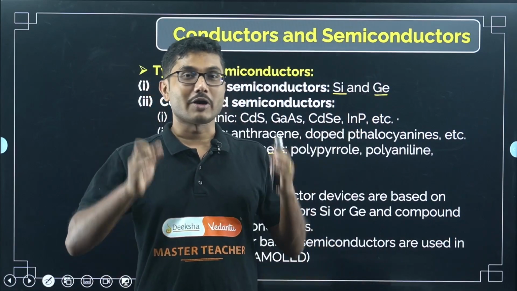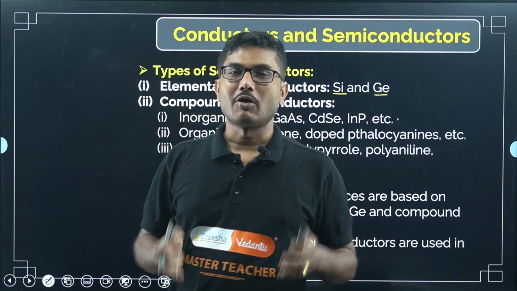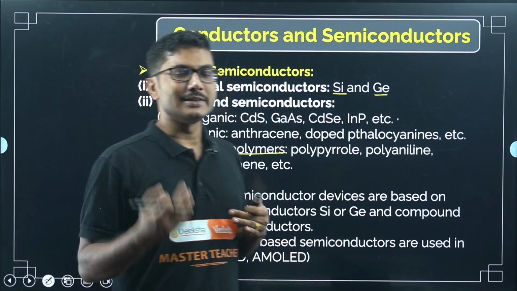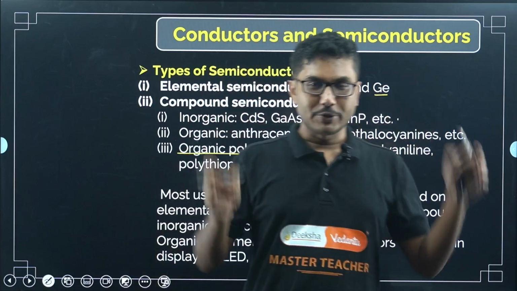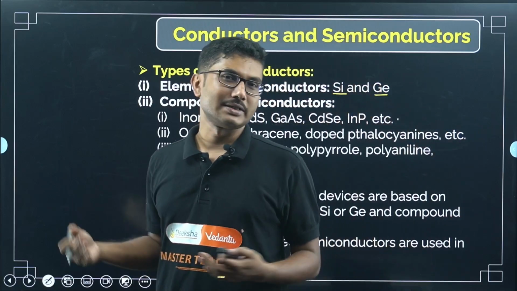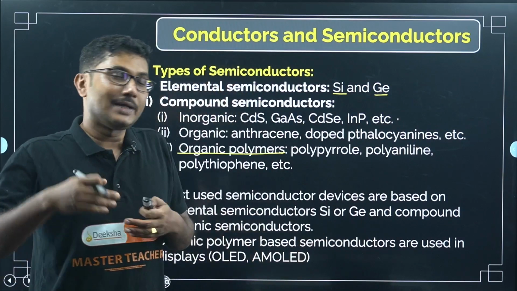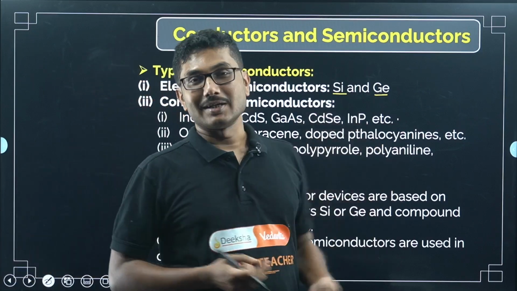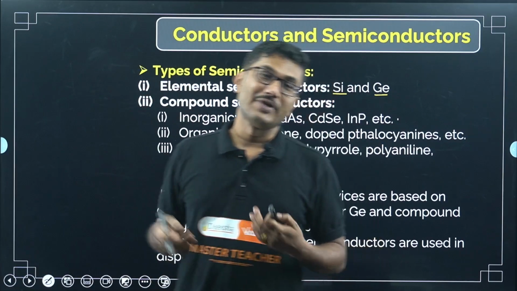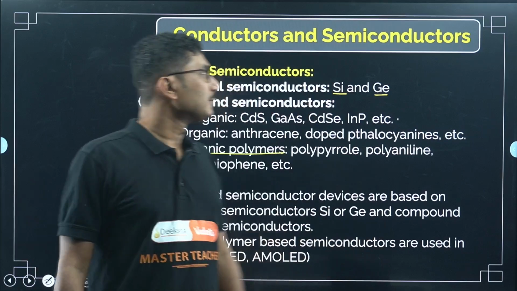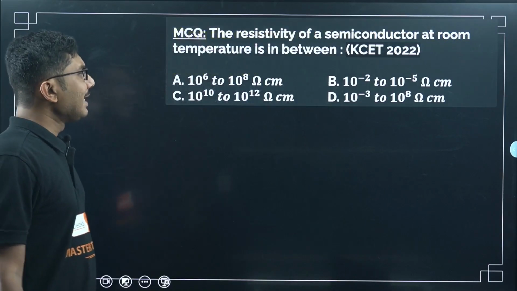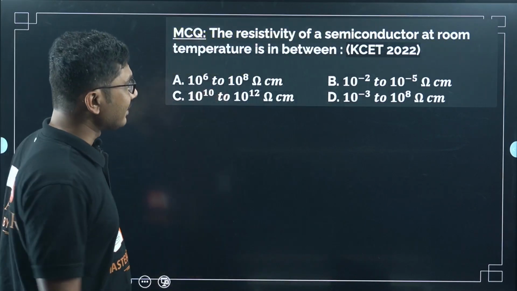So far organic semiconductors are mainly used in displays: computer display, mobile display, camera display, etc. But they might find their uses inside CPUs and hard drives very soon. We don't know, right?